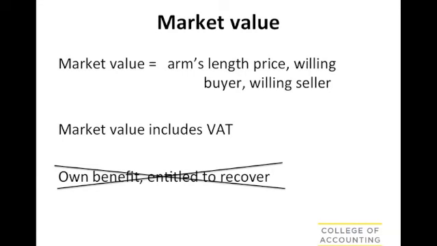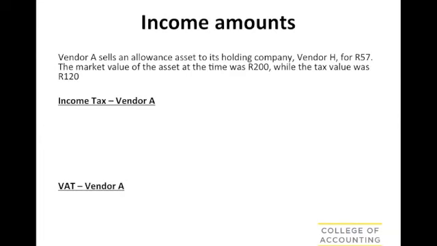So let's have a look at an example transaction with income deemed to be market value. In this example, vendor A sells an allowance asset to its holding company, vendor H, for 57 Rand. The market value of the asset at the time was 200 Rand, while the tax value was 120 Rand. Well, for income tax purposes, vendor A has to calculate a Section 8(4) recoupment.